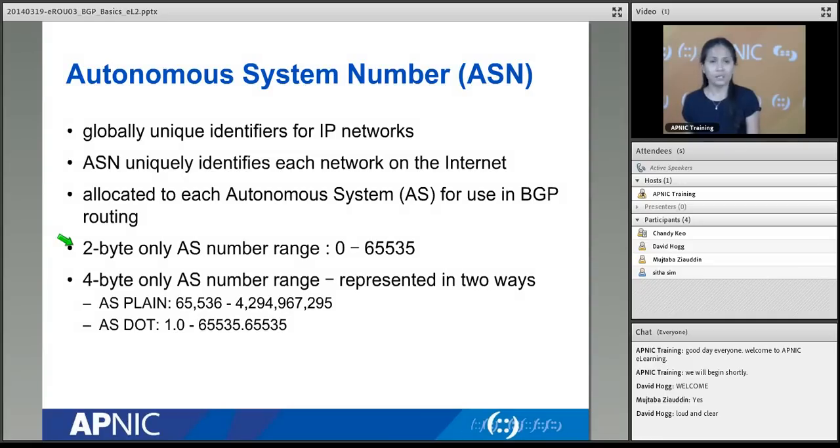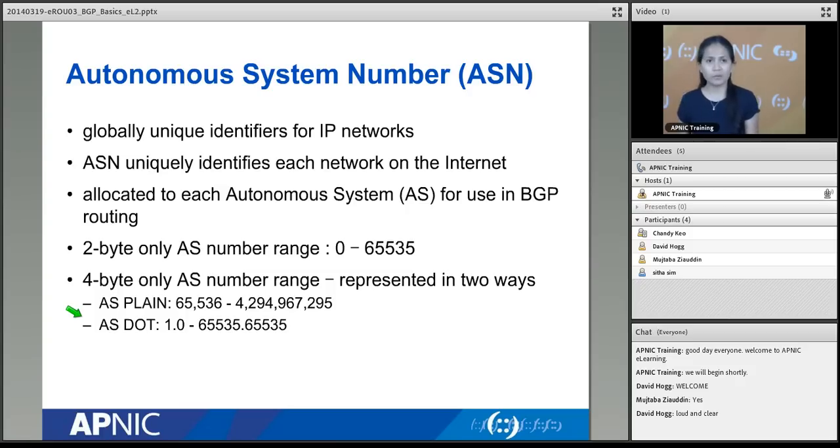There are two ways in which we represent 4 byte AS numbers, because with 2 bytes we're used to it. We see AS1, AS2, AS65535, all of them are 2 byte AS. With 4 byte, some of them are quite big, like 4.3 billion, 4294967295. Do you really want to write it down? Because of that, they have ASDOT.